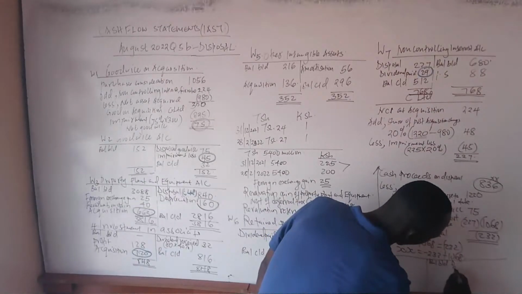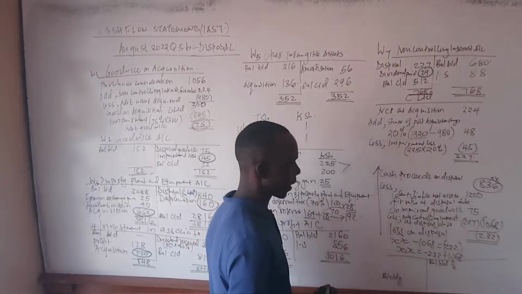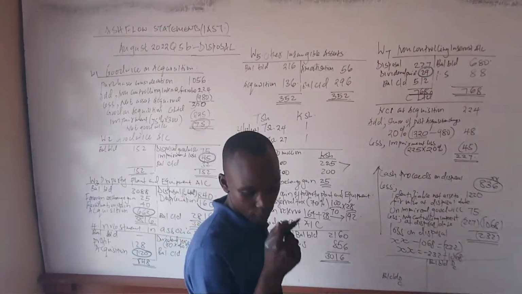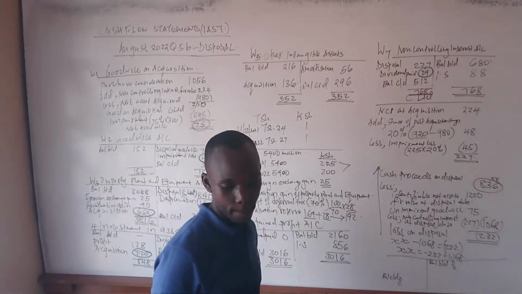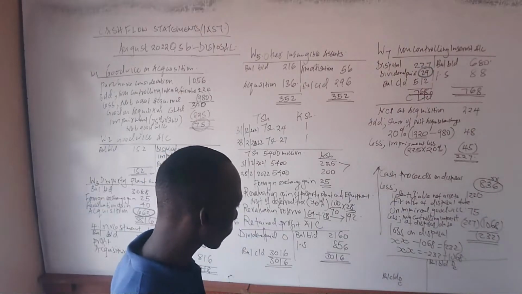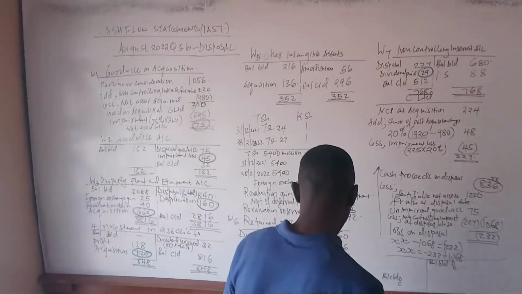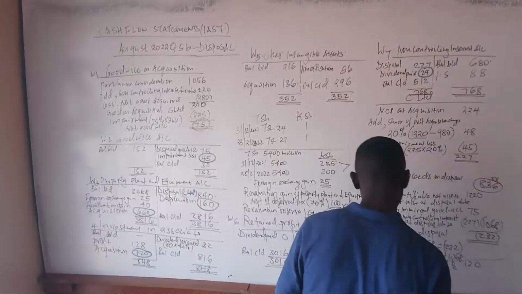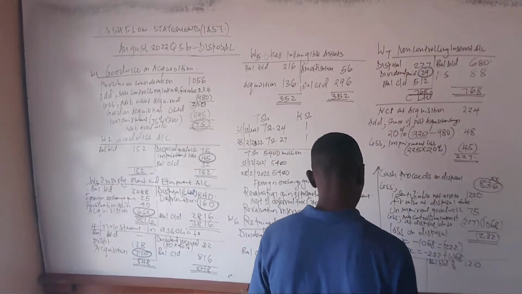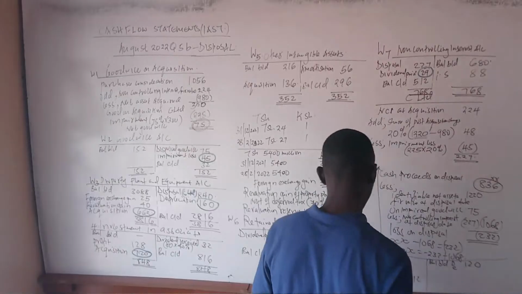We have deferred and current, and the balance carried down. For the deferred, how much do we have at the beginning? 120. At the end we have how much? Deferred, 112.